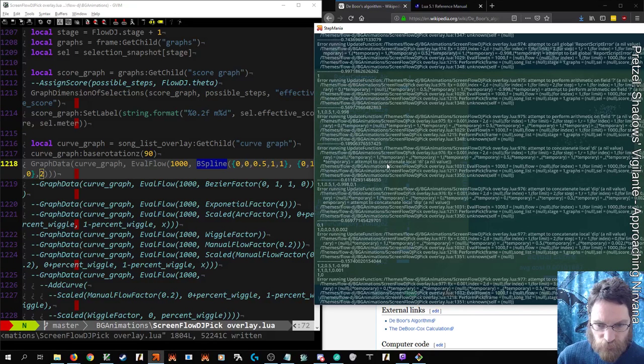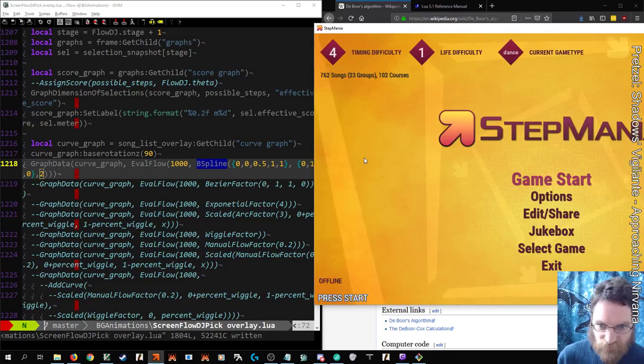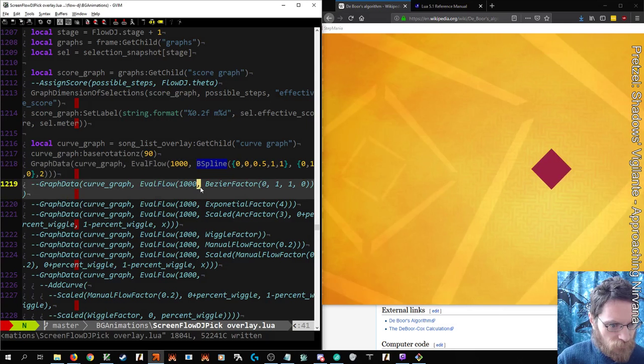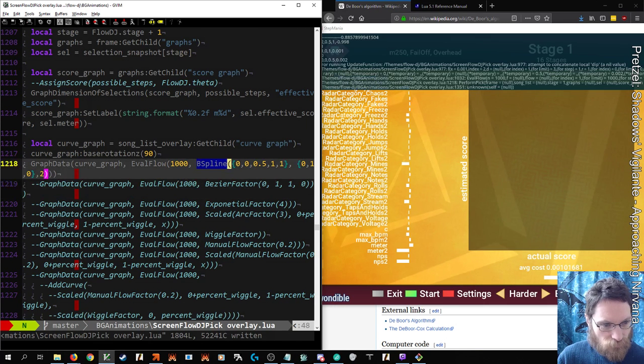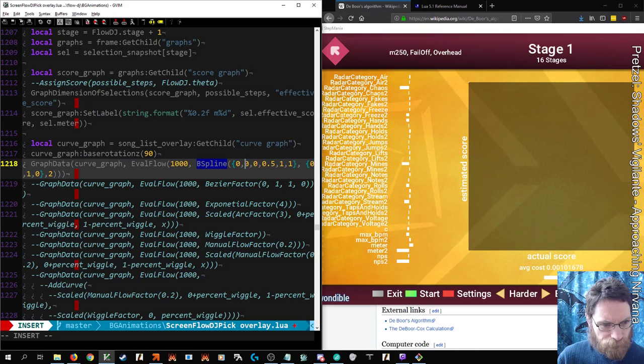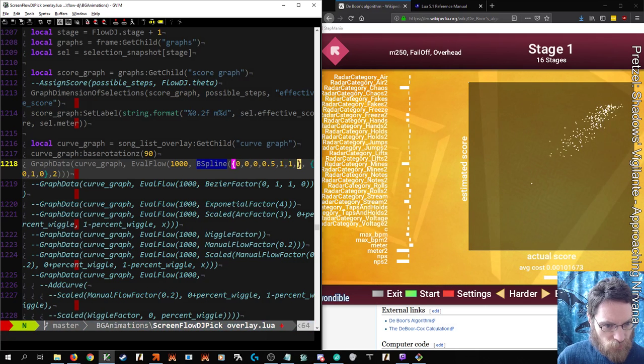1, 2, attempt to concatenate local dip a nil value. Nope. I didn't want to do that. I couldn't see what the heck was going on. So maybe with 2 we need to have some extra knots in here.